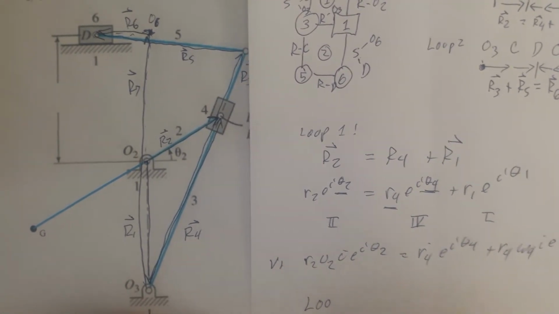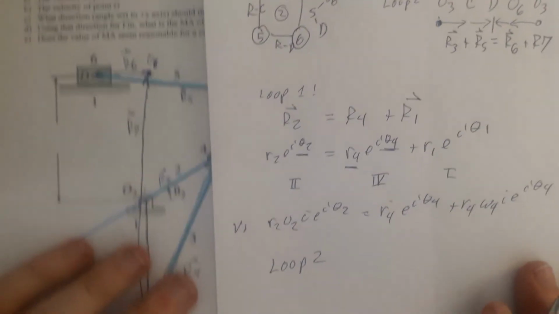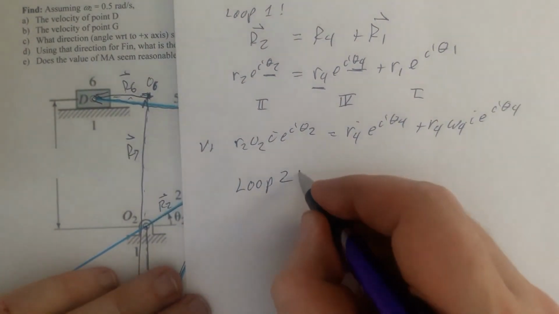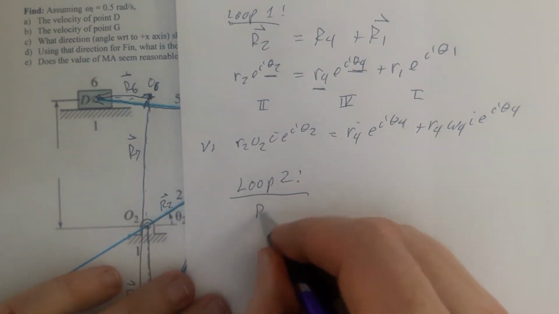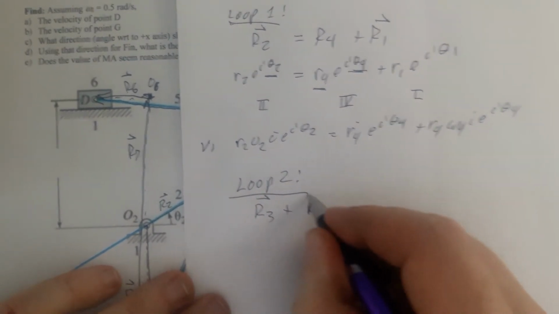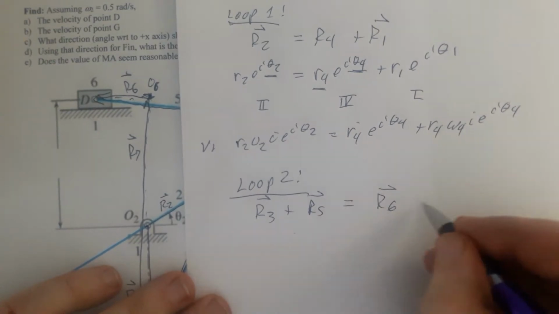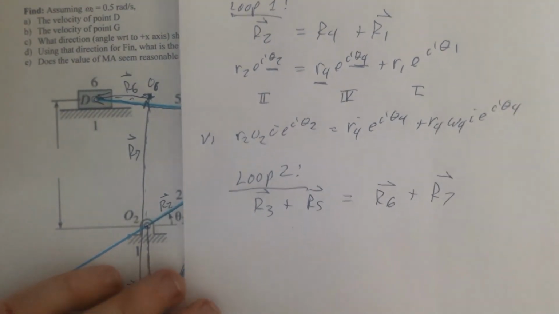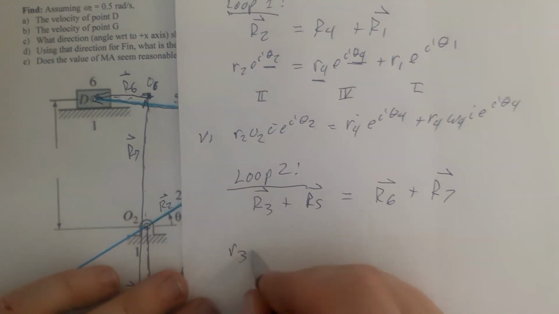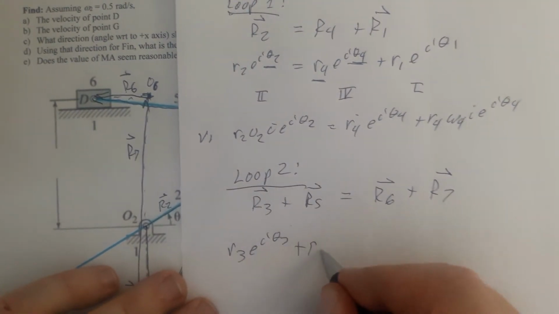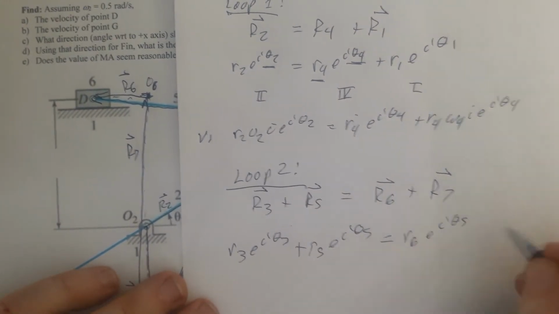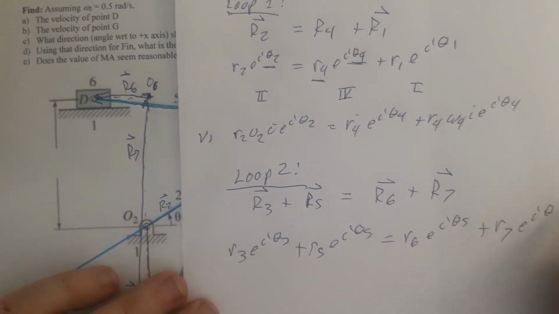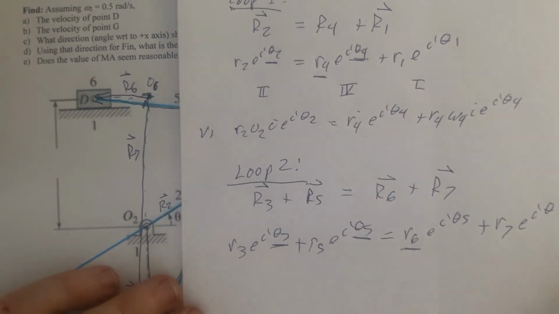For loop 2, I'm going to have R3 plus R5 equals R6 plus R7, and that'll give me R3 e to the i theta 3 plus R5 e to the i theta 5 equals R6 e to the i theta 6 plus R7 e to the i theta 7. R6 changes, theta 5 changes, theta 3 changes.